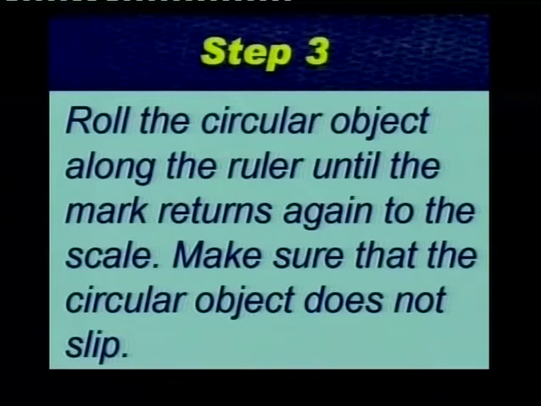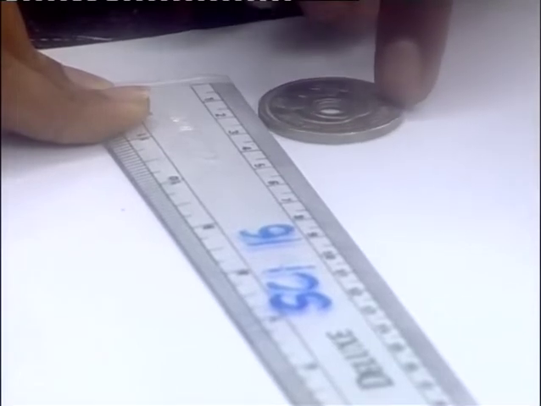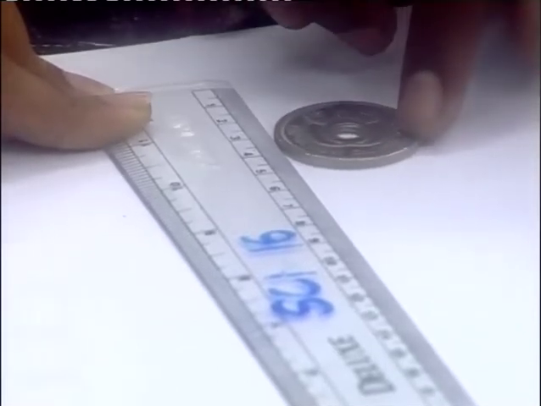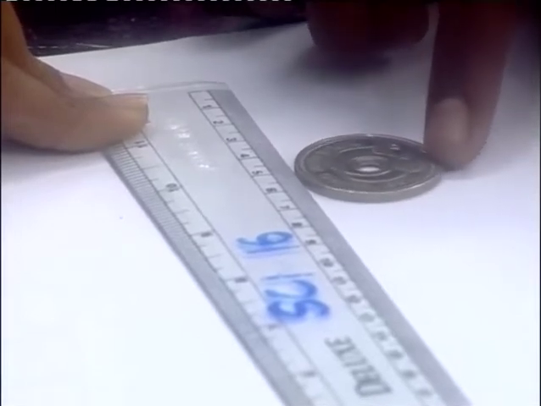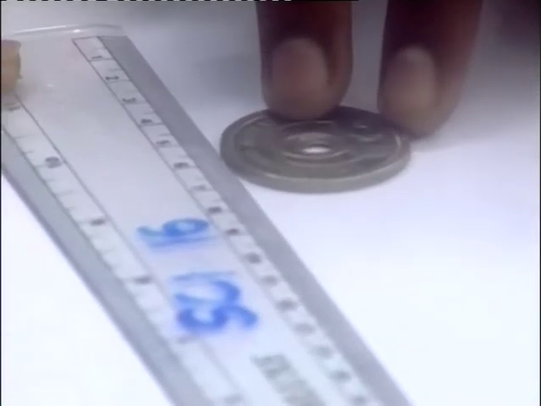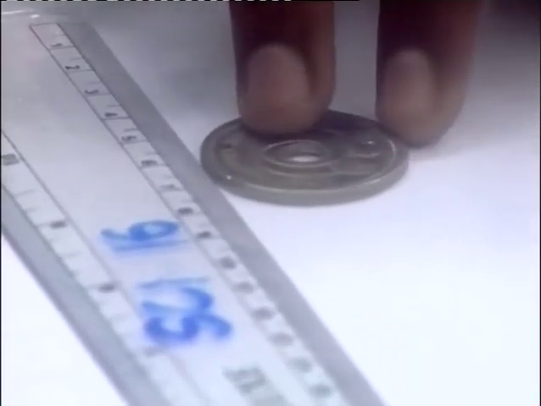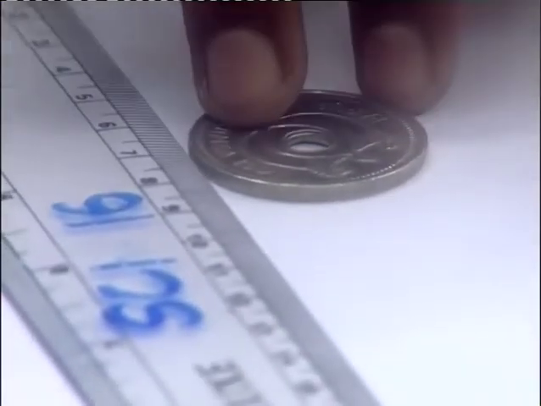As soon as you have finished rolling the coin or the circular object, make sure it does not slip. When the mark returns to the end, you try and get your reading.